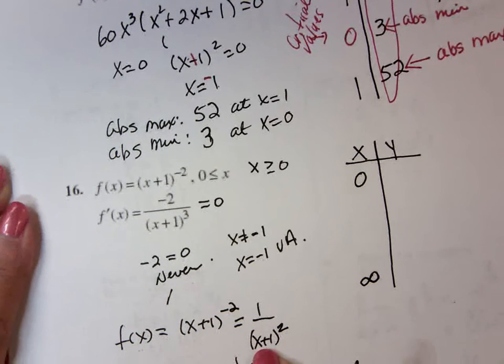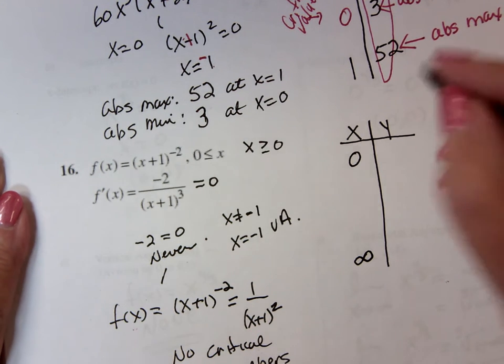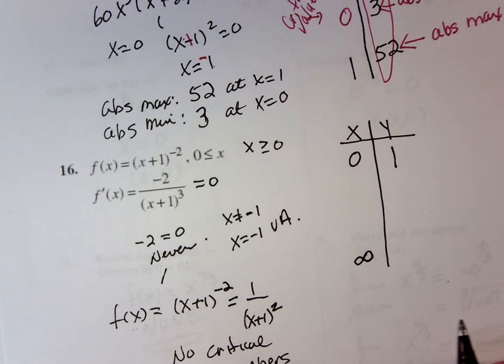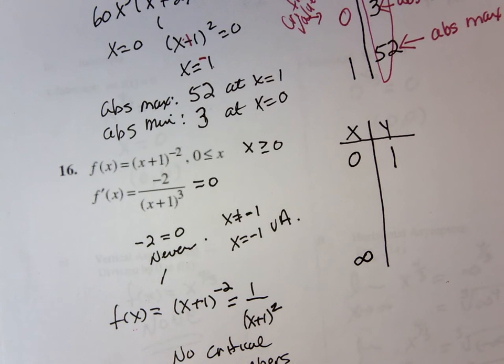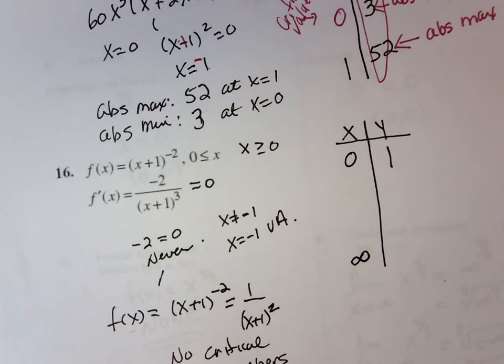What do I get? 0 plus 1 is 1. 1 squared is 1. 1 divided by 1 is 1. Then I have this guy. Now what am I going to have to do with him? I may have maxes or mins or nothing at all.